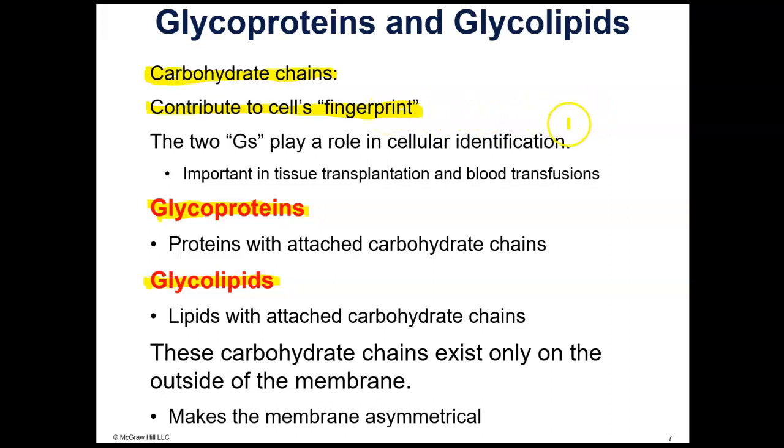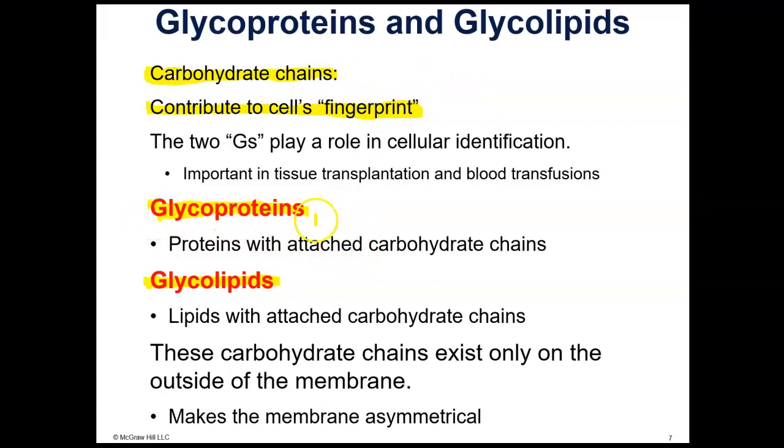In other words, when a person needs a tissue or an organ transplant or a blood transfusion, we're trying to find a match between the carbohydrate chains that the person has in their natural body tissues and body fluids compared to the donor. So the match that we're trying to find is within these carbohydrate chains. They're very specific to specific tissues, to a specific person.